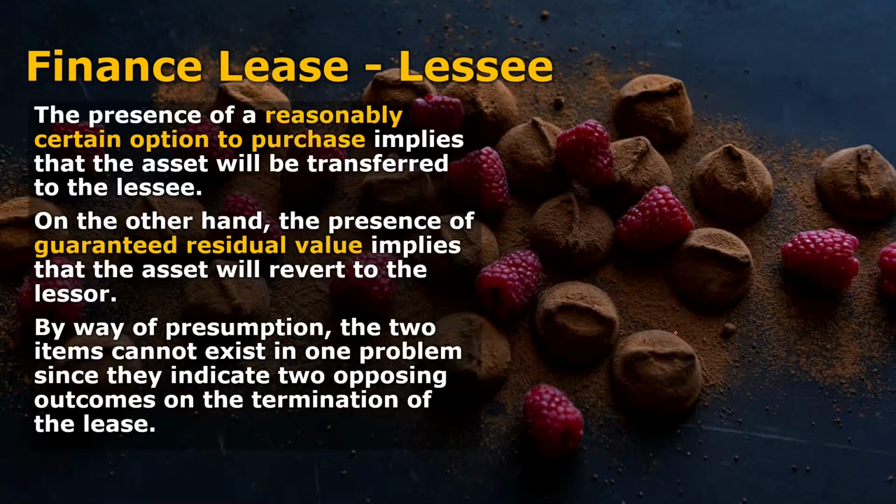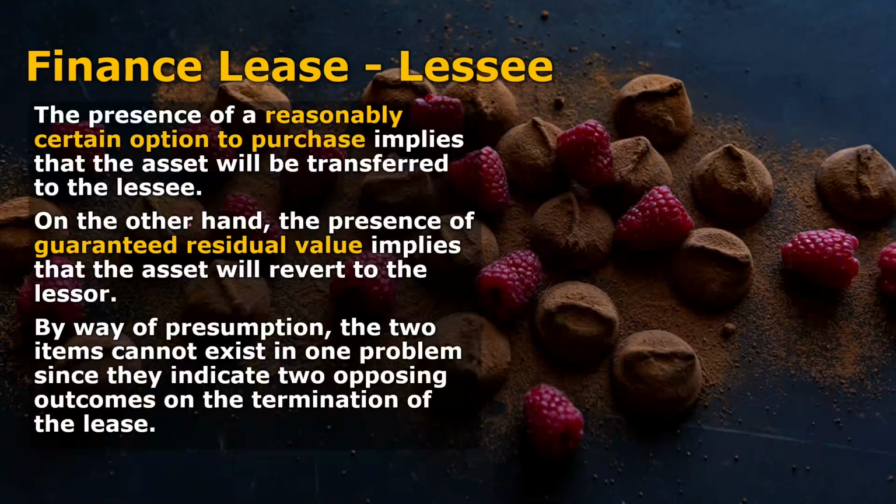What are these opposing outcomes, sir? Okay. The first one, when there is a purchase option, it implies na ang asset po magta-transfer in ownership. Magiging kay lessee na. Pero kung may guaranteed residual value, the asset will not be transferred to the lessee. Rather, it will remain owned by the lessor.